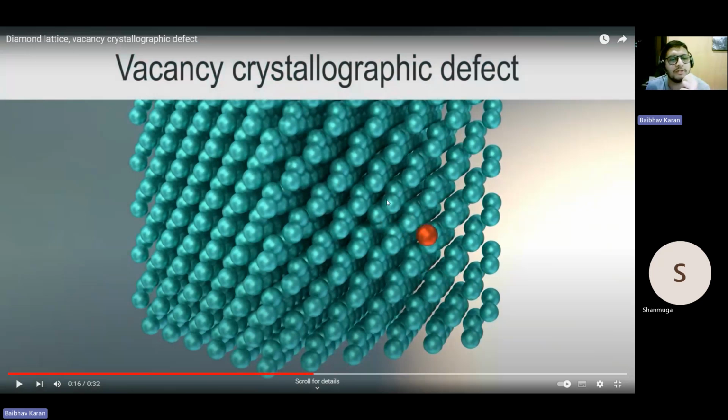All the atoms are crushed into that, because there is bond breaking within these atoms. That's why there is a release of energy, and there is a shift. The atoms always tend to come closer to each other in the case of a vacancy.